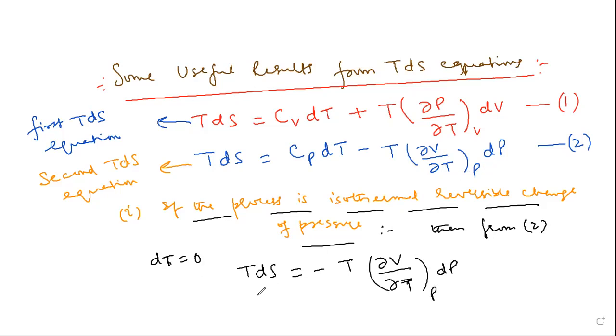And you know what is this TDS for a reversible process? Is dQ, small heat put into the system. So therefore I can write dQ is equal to minus T dou V by dou T at constant P dP.